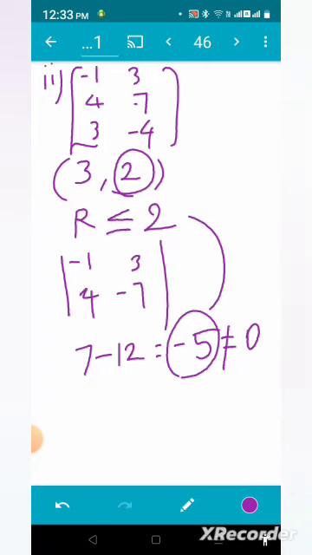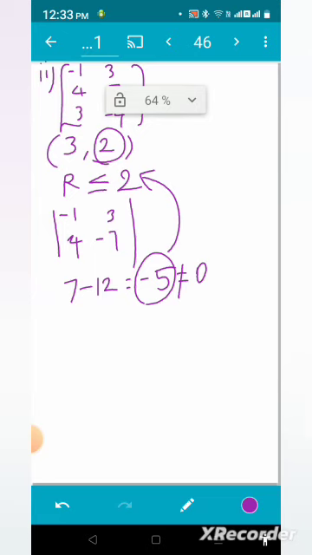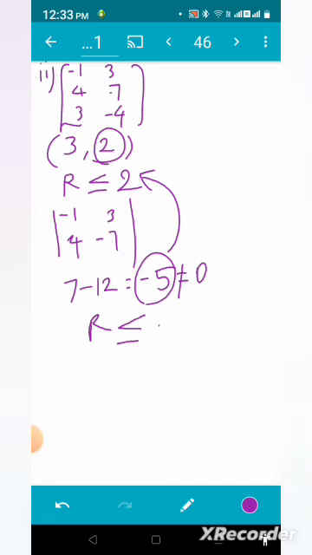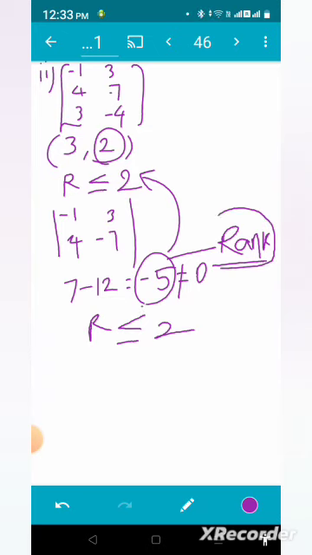So we can choose that the rank is less than or equal to 2, because minus 5 is not a rank value, because plus 5 can also be taken as rank but minus 5 cannot be taken as rank. So the rank is less than or equal to 2, and less than 2 is 1.